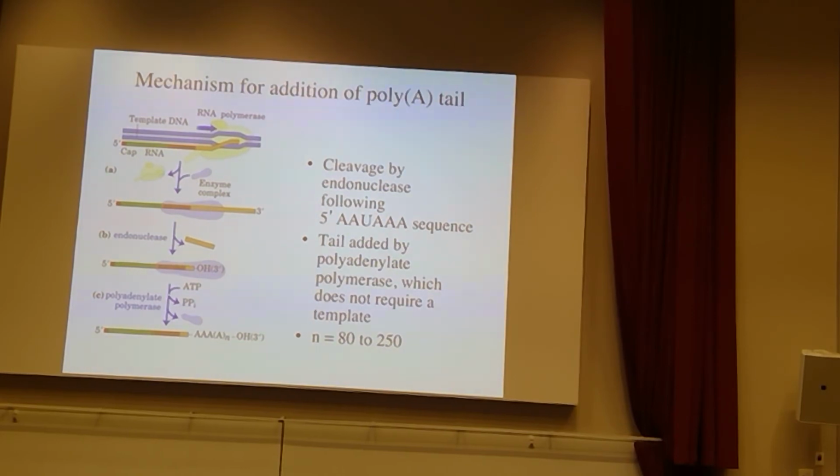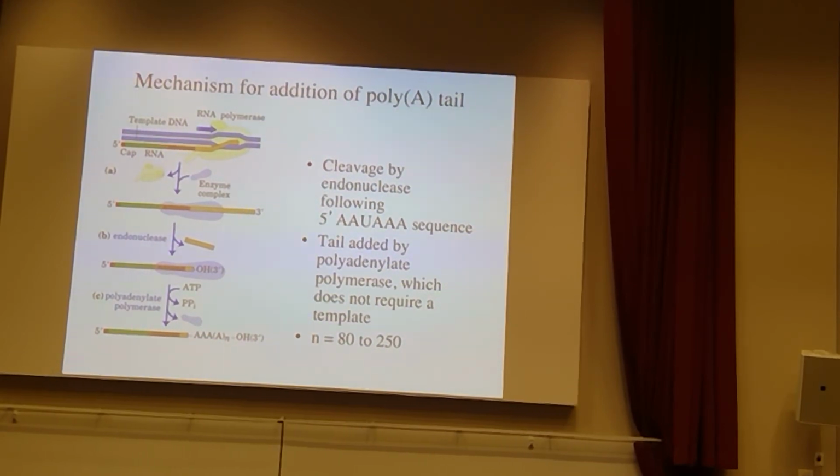Now, I want to point out that on the one hand, this polyadenylate polymerase is doing something that should seem perfectly normal to you guys. It's taking nucleotide triphosphates and it's adding them on to the growing 3' end of a nucleic acid polymer product. No big deal.